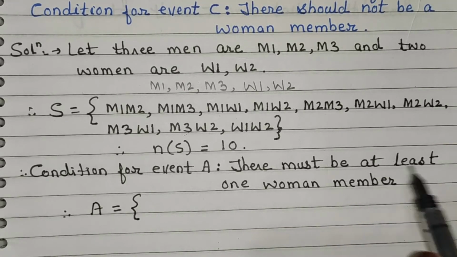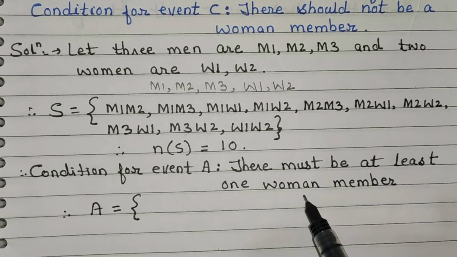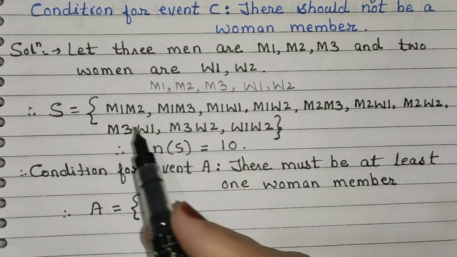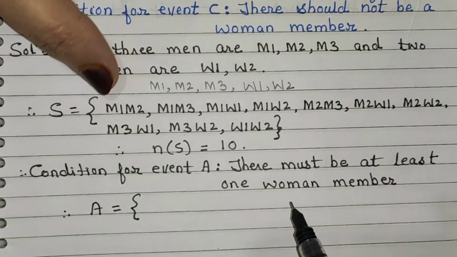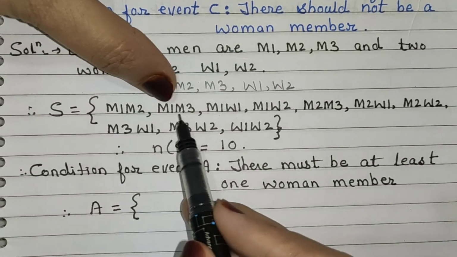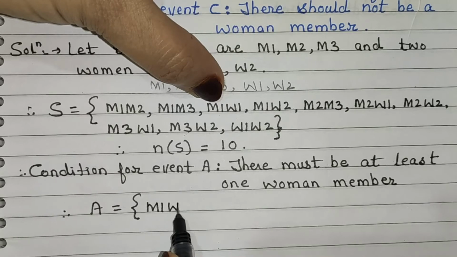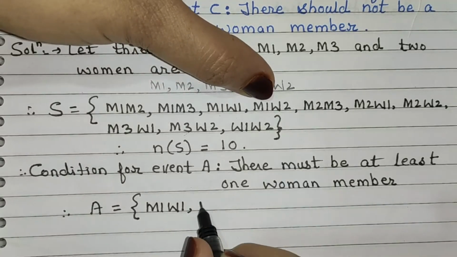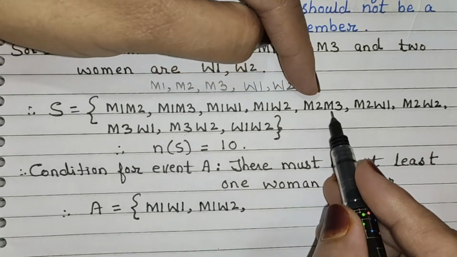Now the word is at least. At least means one woman or more than one woman. Therefore, now look at the sample points here. Write down. Both are men. Now next one is M1 W1, M1 W2. Next both are men.